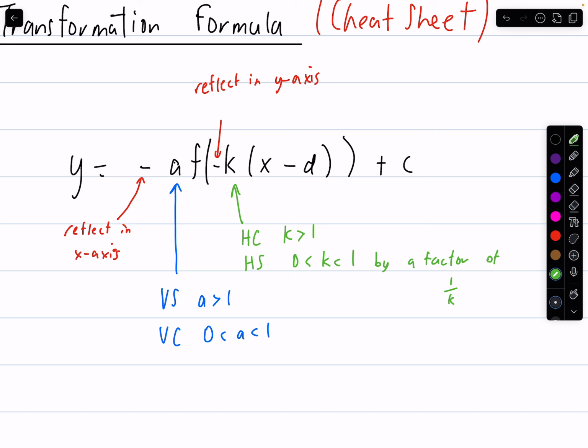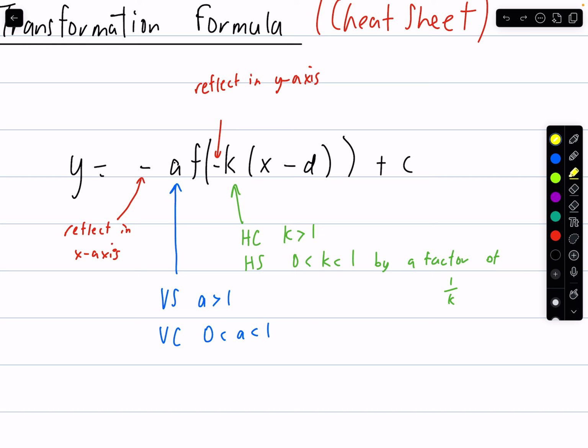So notice how in the vertical stretch, with the a value, the stretch is when a is greater than 1. But with the k value, the horizontal compression is when k is greater than 1. So you see how it's kind of flipped? That's something that you want to recognize when you're memorizing this transformation formula.